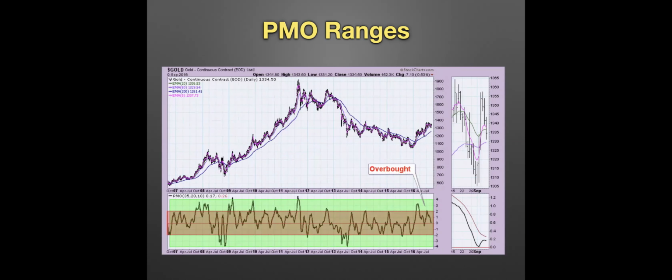But if we take the chart out about 7 years, like I did on this chart, you can actually see what the range typically is for the PMO. And this is its normal range. So in actuality, that top was overbought. So getting the PMO range is very helpful on that.